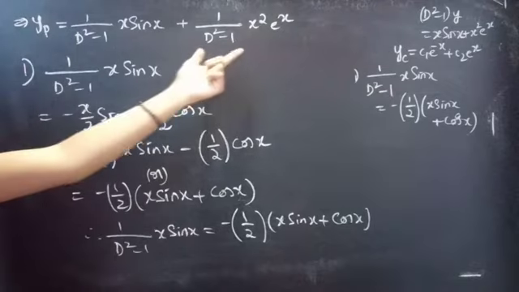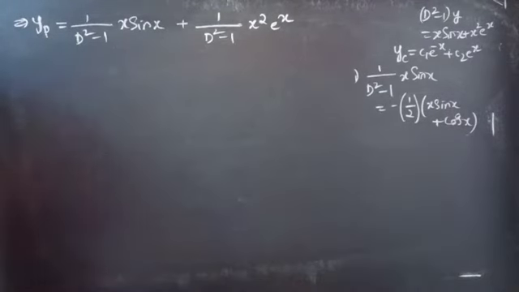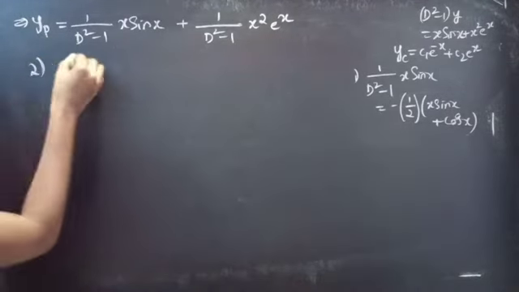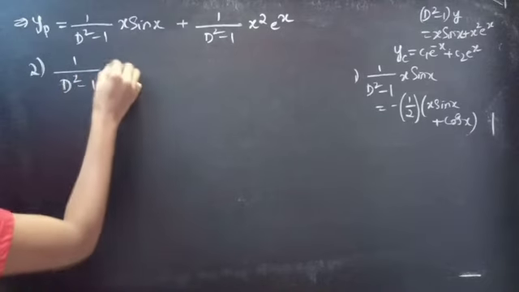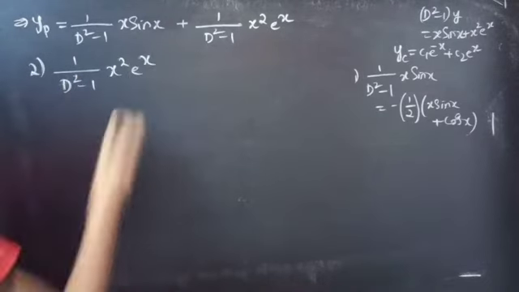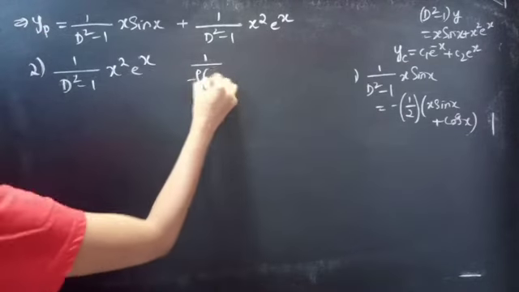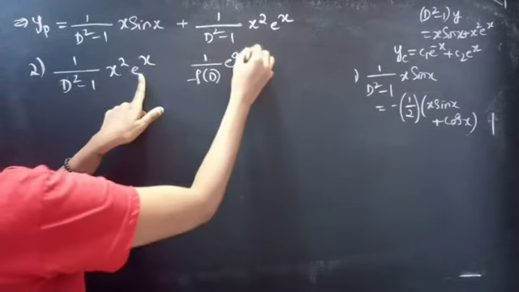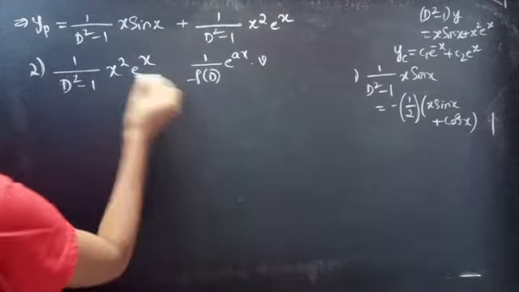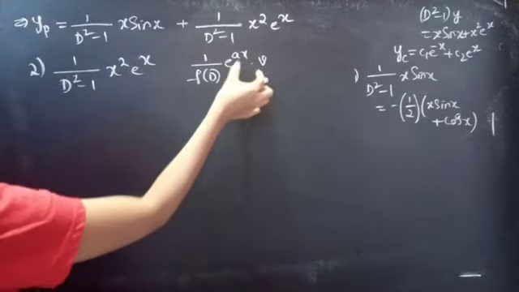Now coming to the second term, 1 by D square minus 1 into x square e power x. As I said earlier, this is of 1 by f of D into e power ax into v form, right? Now compare x square e power x with e power ax into v.